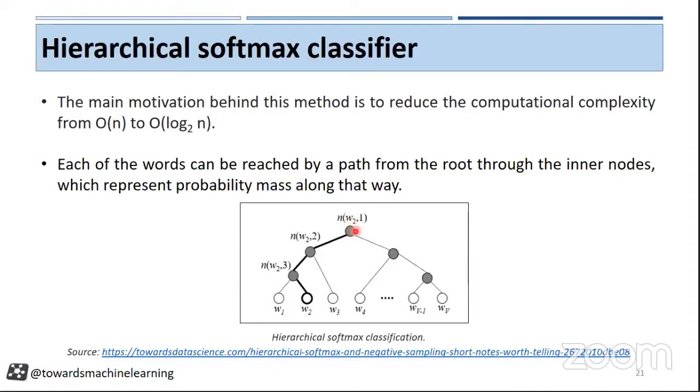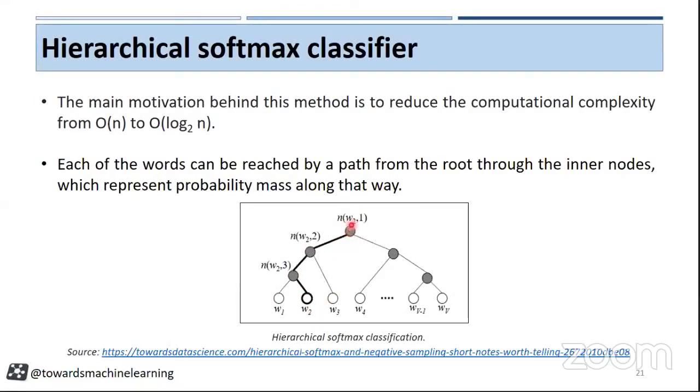To find where a word lies, we again compute probabilities. Let's consider you have to find the word W2, and it is present in the left subtree of the main tree.